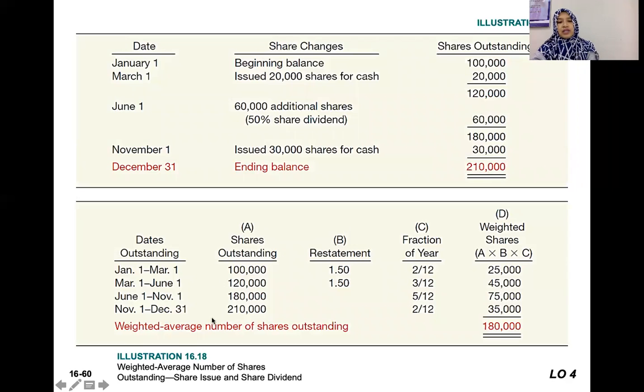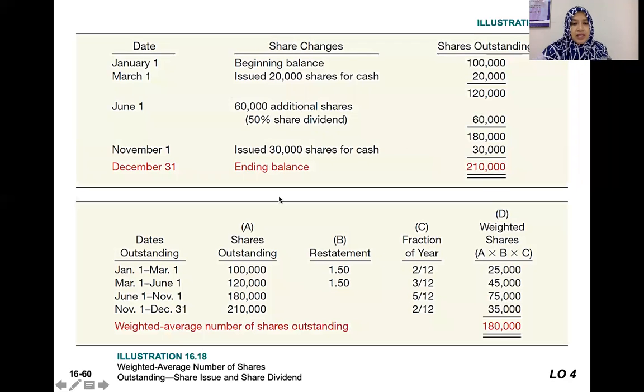We assume the shares that have been outstanding from the beginning of the year until the date of the share dividend need to be restated to reflect the total amount of share dividends. That means the share dividends are also assumed to be already outstanding since the beginning of the period.